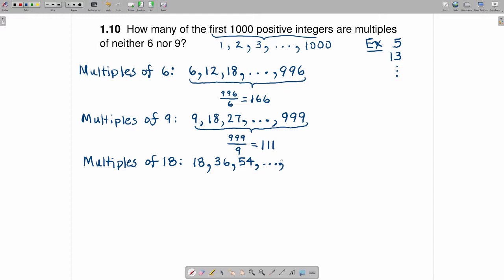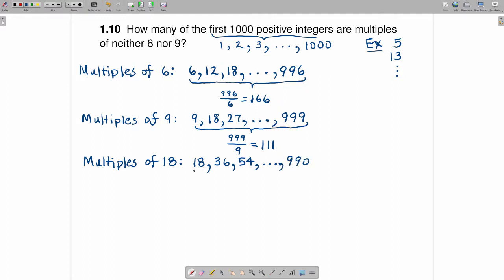And the last multiple of 18 that shows up is 990. Notice that 990 will be the second to last number in this list, and it also happens to be the second to last number in this list. This is the last one that shows up in both of these lists.